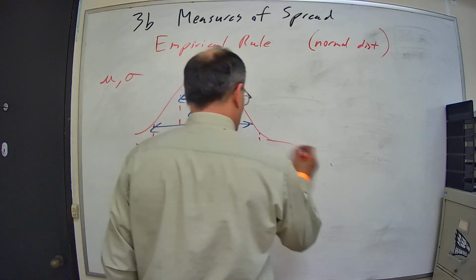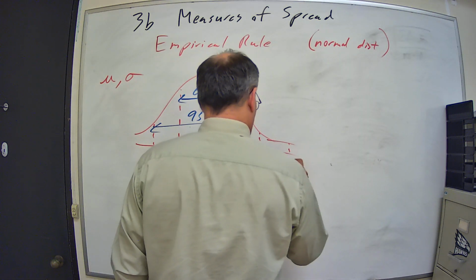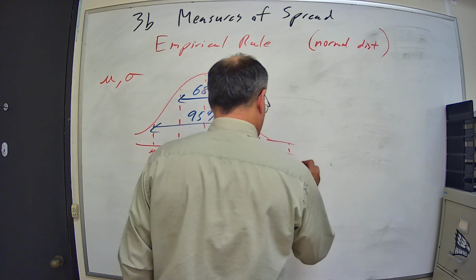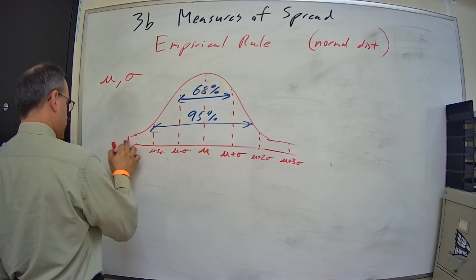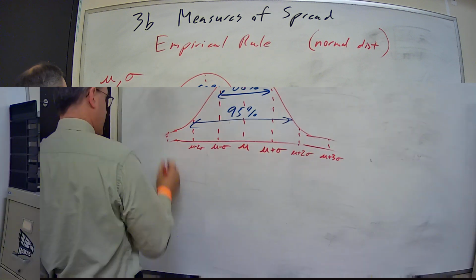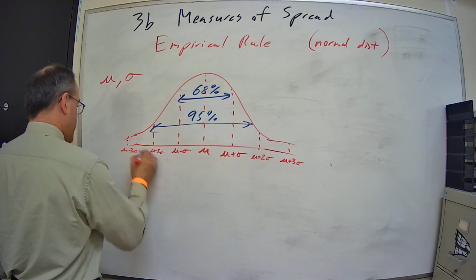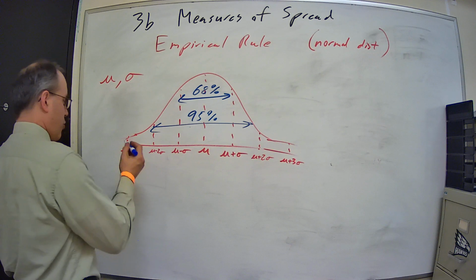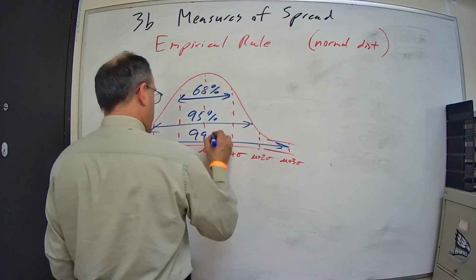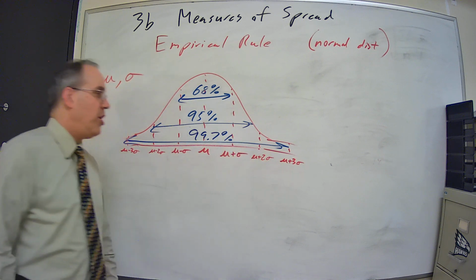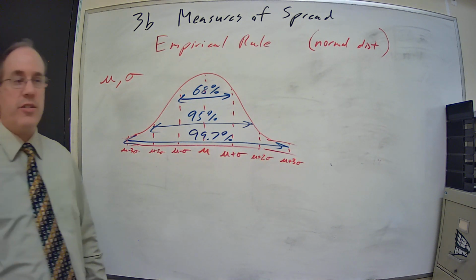And finally, if I go out a third standard deviation, so mu plus 3 sigma and mu minus 3 sigma, according to the empirical rule, 99.7% of the data will be within 3 standard deviations of the mean.